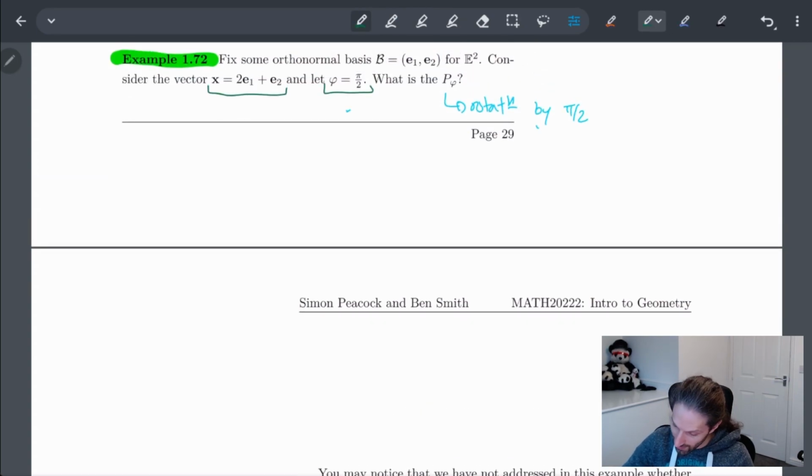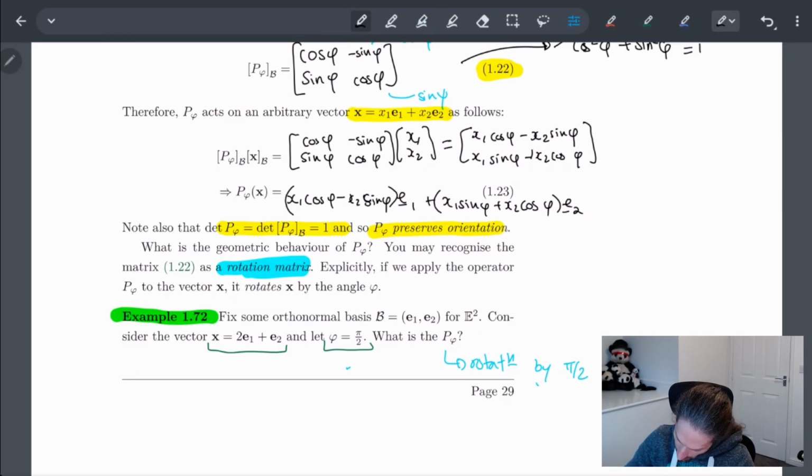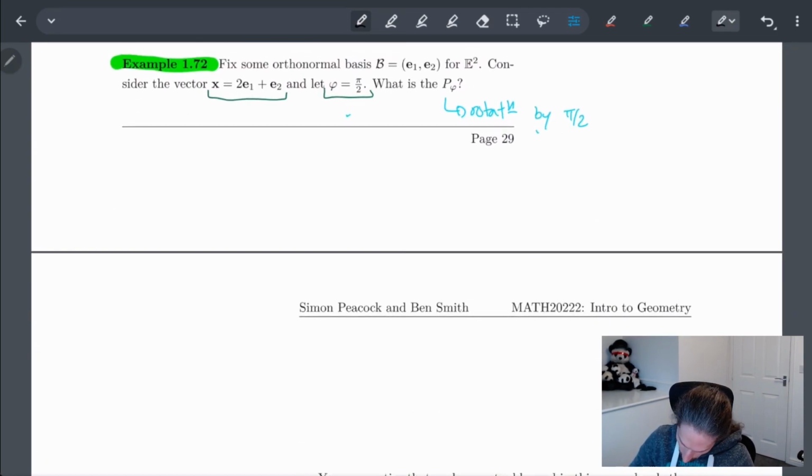Okay, so let us literally use the formula that we had before. In 1.23 we had a formula, and we're just going to use it. So 1.23 gives us p of pi over 2, because that's the angle, applied to our vector x.